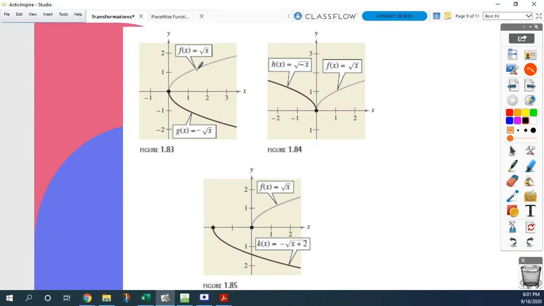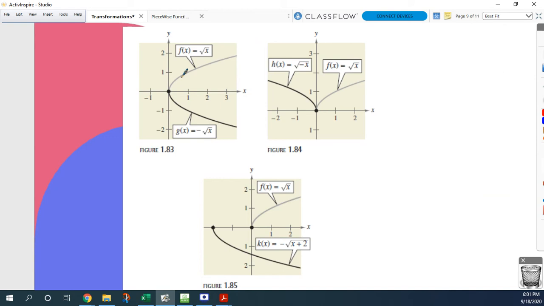This lighter graph in all of my pictures is going to be the parent function, the square root of x. Notice on our first one, which was g of x, that has the negative on the outside, it's just been reflected. So now it's going to point down instead of pointing up. On our next one, where the negative is on the inside, it's a reflection across my y-axis this time.